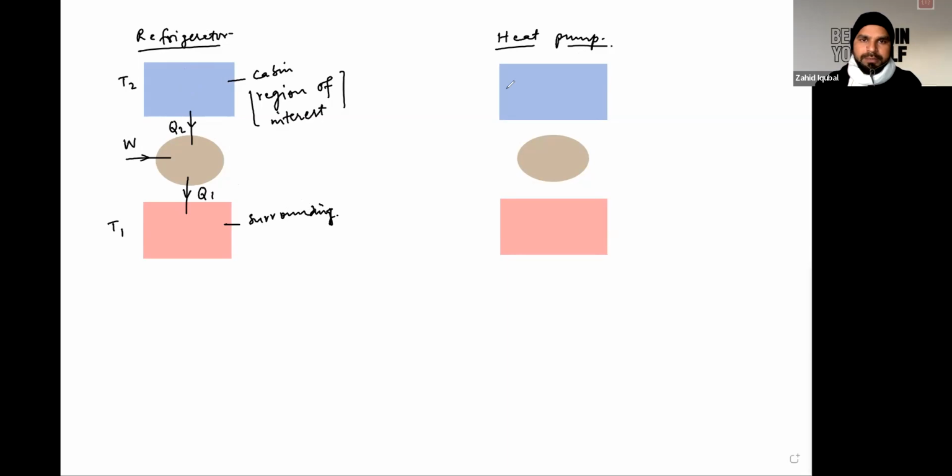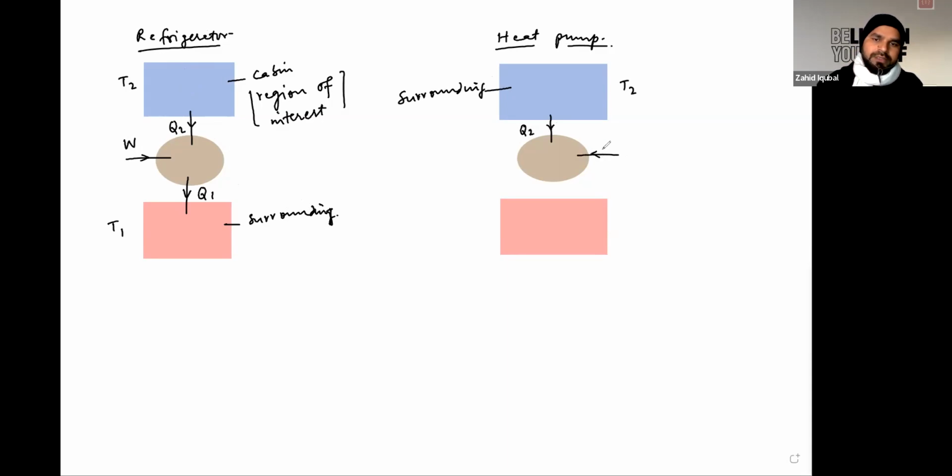In second part, heat pump, this is surrounding. In winter season at low temperature T2. So it absorbs Q2 amount of heat from it.